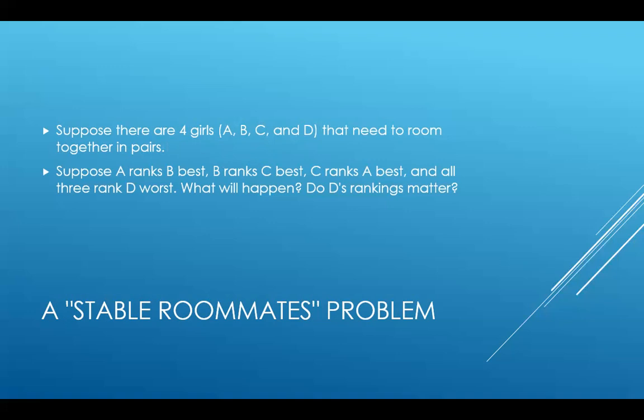But C would prefer, everybody hates D. You know what I'm saying here? C would prefer B, right? C would prefer B to D for sure, yes? And would B prefer to be with C than A? Yes. Right, B ranks C best. So C would prefer B and B would prefer C. Therefore, we would have an instance of instability.